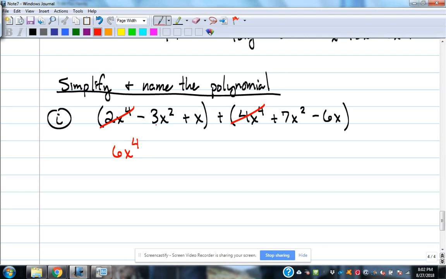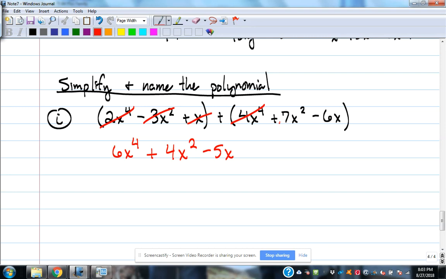Next one, negative 3x squared goes with what? Positive 7x squared. So we have negative 3x squared plus positive 7x squared. That would be a positive 4x squared. Since it's positive, we're going to add. Next. Oh, minus 5x. Good job.